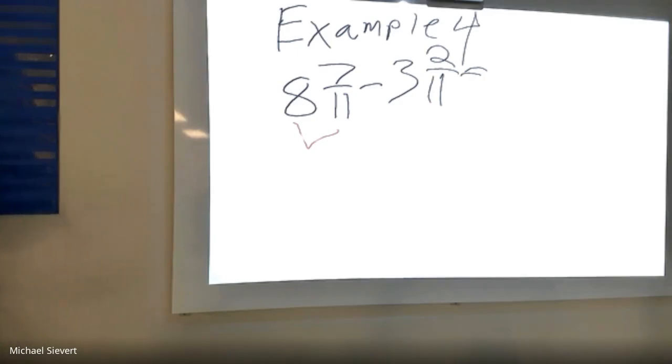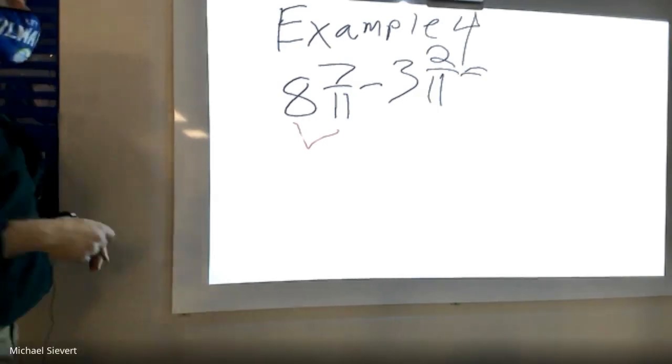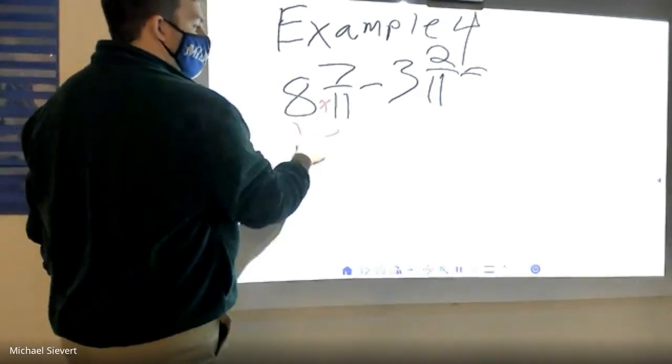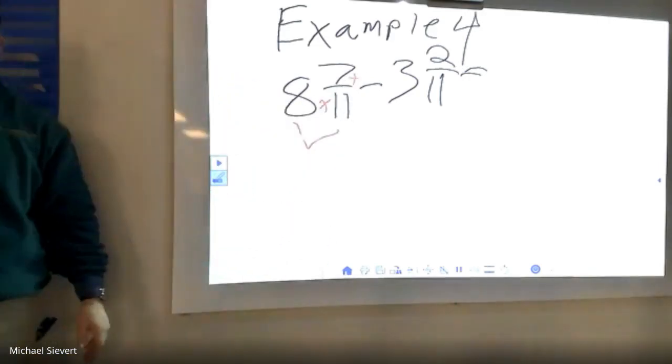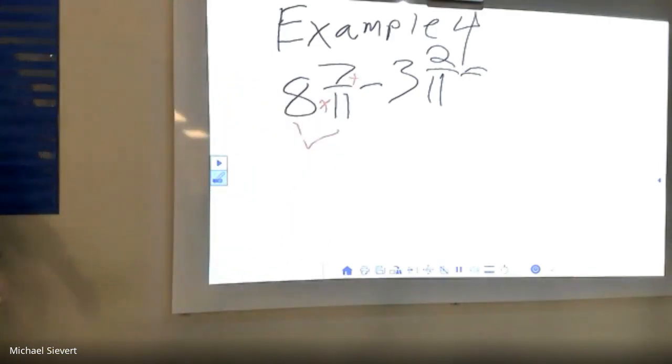Do you say 8 times 11 plus 7? Yes! Wow, my voice went really high. Don't know why it went that high. But she is right. You're going to take 8 times 11 and then add 7 to it. And then you just put it over 11. Because 11 is the denominator.